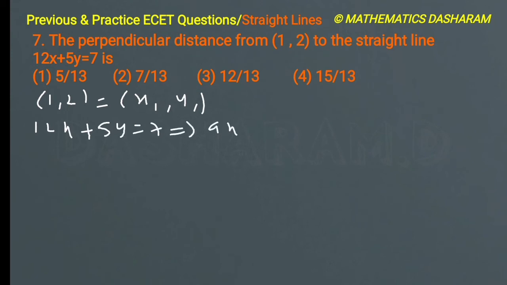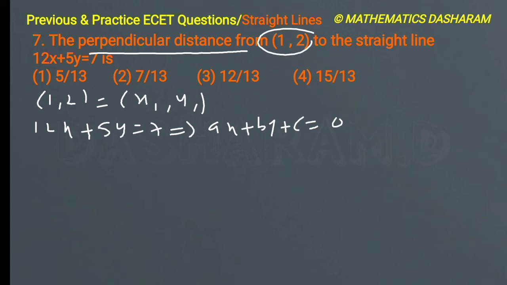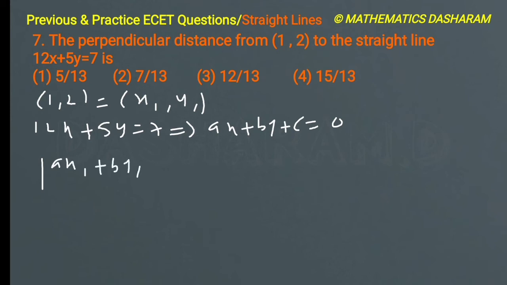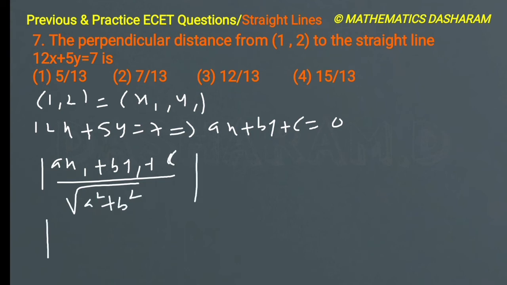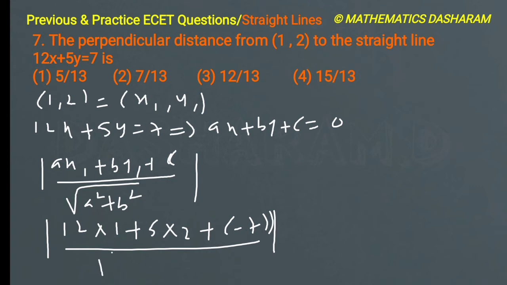Compare with ax + by + c = 0. Then the perpendicular distance formula is |ax1 + by1 + c| divided by the square root of a squared plus b squared. So a means 12, x1 means 1, plus b means 5, y1 means 2, plus c means -7, divided by the square root of a squared plus b squared.